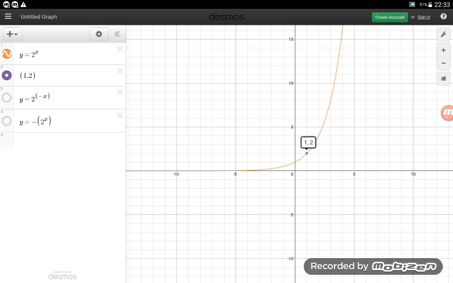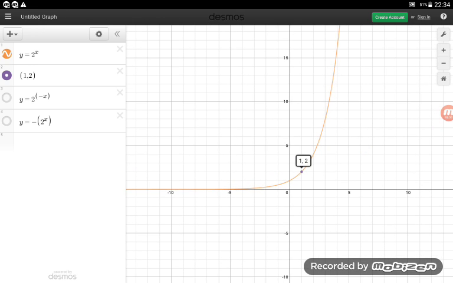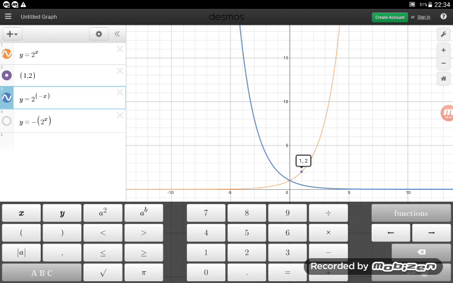So when we're multiplying negative to the x only, we have horizontal reflection. If I show the graph, I should see the exact same curve, but reflected across the y-axis. The blue is the new line, and because I'm reflecting across the y-axis, the point (1, 2) has now become (-1, 2).